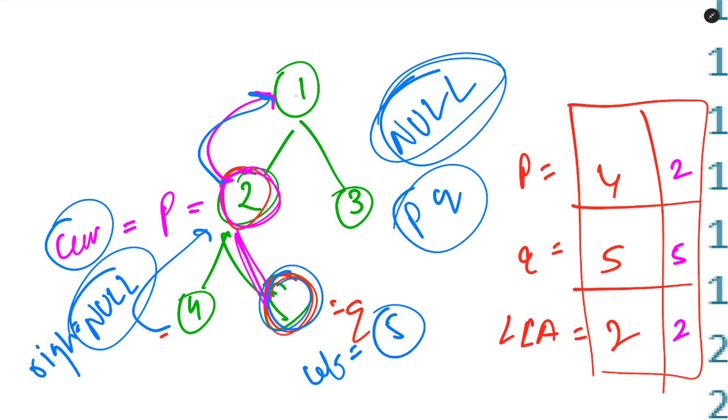And when I return to 1, 1 doesn't know whether it is my lowest common ancestor, or just P or Q like 5.